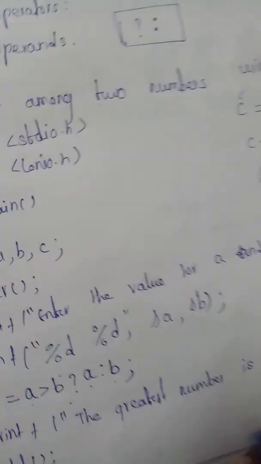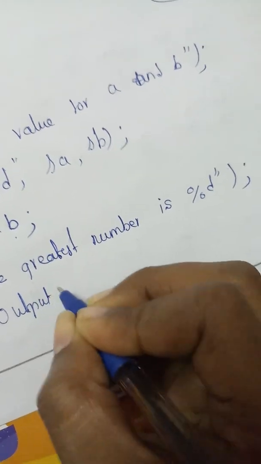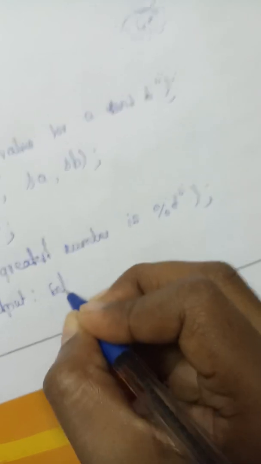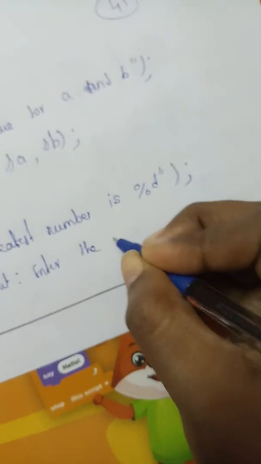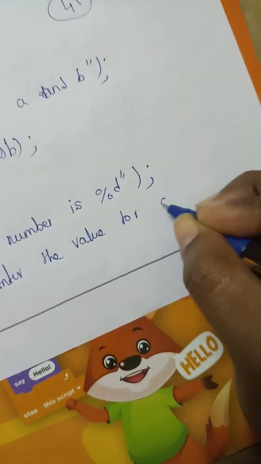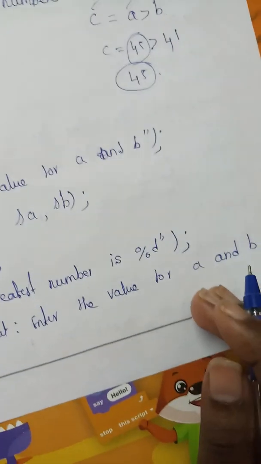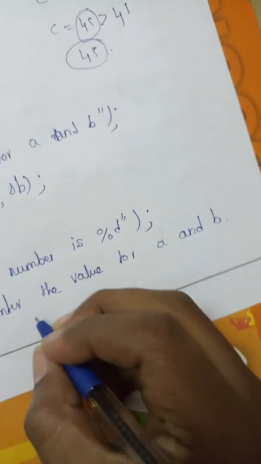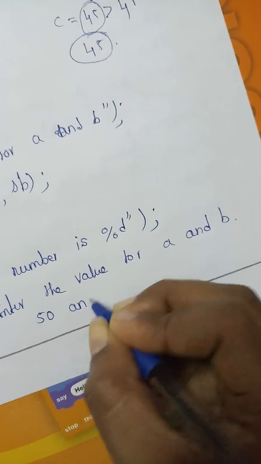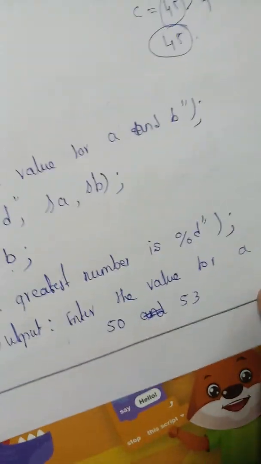So here the output will be: first it will ask the question, enter the value for a and b. You can give any number. If I am taking 50 and 53, I am entering 50 and 53.